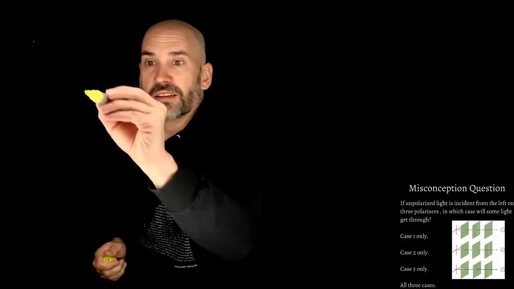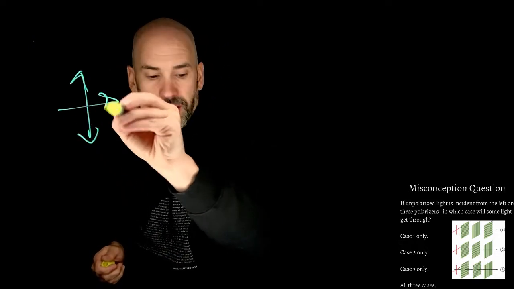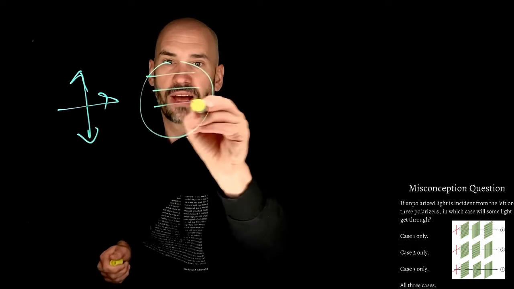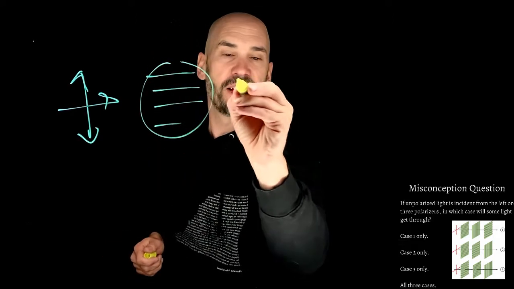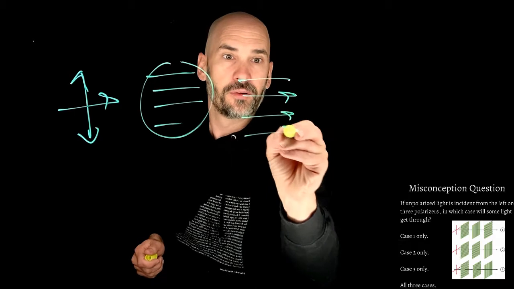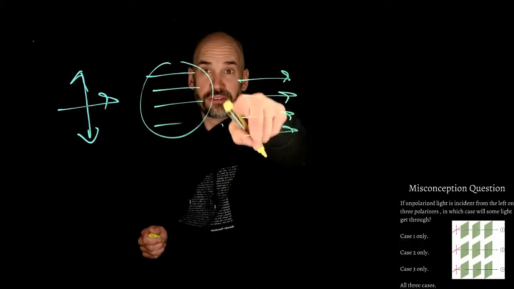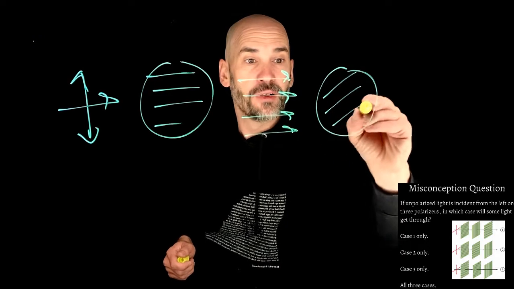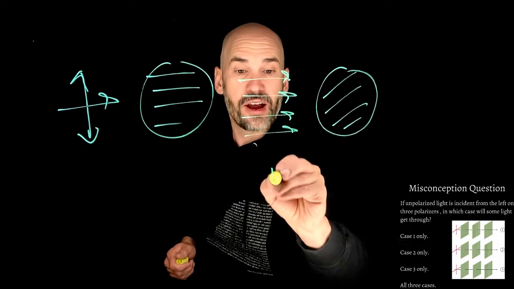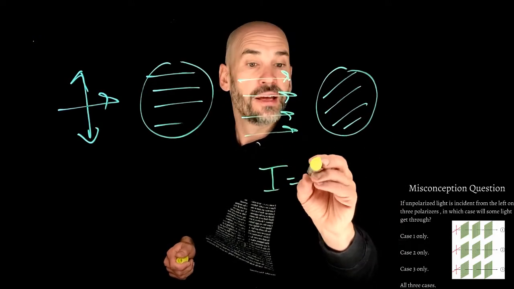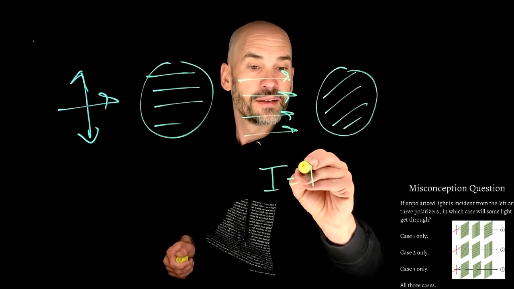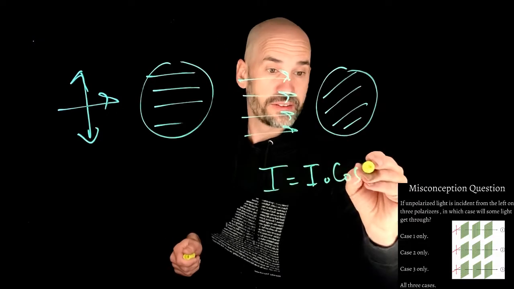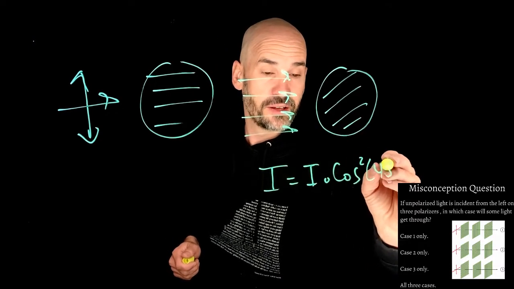we have light that's unpolarized, goes through a polarizer that's horizontal. We get horizontally polarized light that comes out of that, right? But then it goes through a polarizer that's diagonal, right? So what comes out of there is an intensity equal to I naught cosine squared of 45 degrees, right?